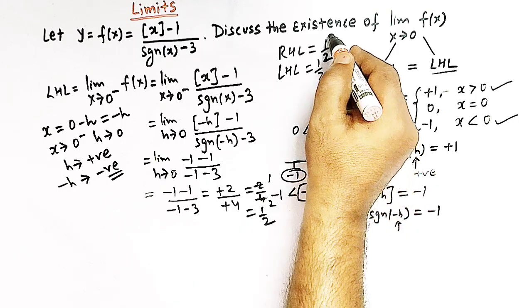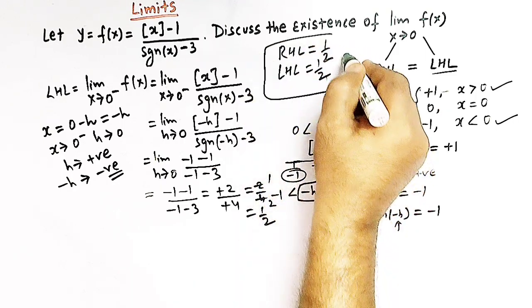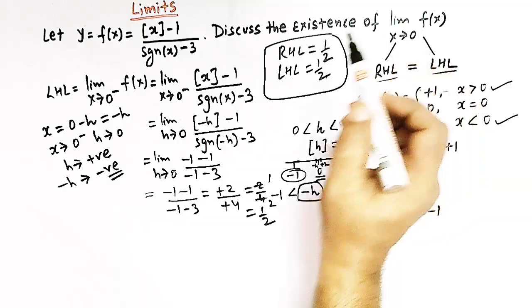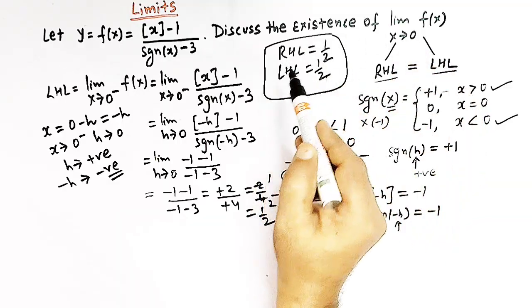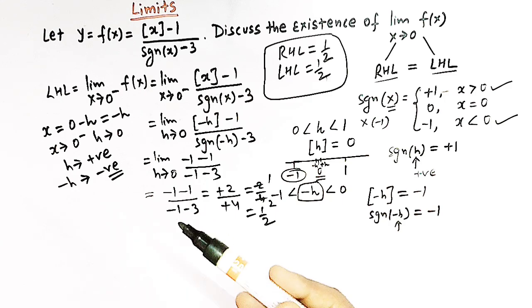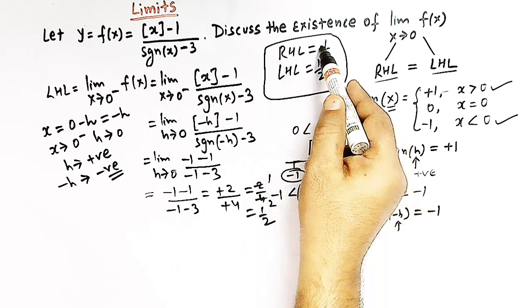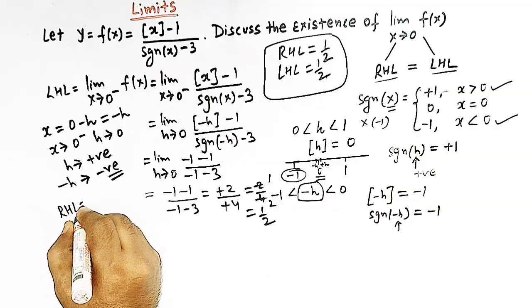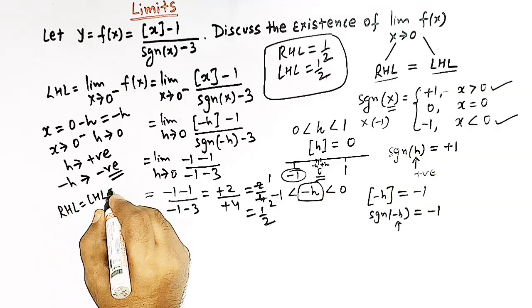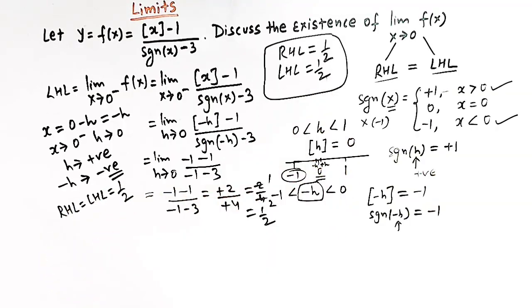So from this discussion we can see that when x approaches to 0, both the limits, that is right hand limit and left hand limit, both are finite, they exist and they are equal to each other. That is, right hand limit is equal to left hand limit, that is equal to half, right?